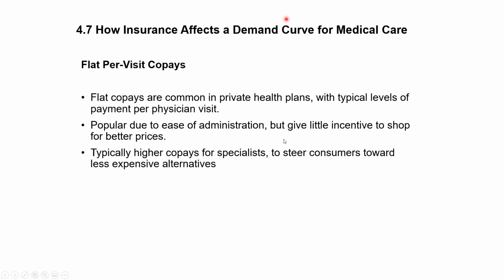So how is health insurance structured so that it will meet the goal of reducing financial risk for people? Health insurance can be structured in several ways, but there are several features that appear in many health insurance policies, and we need to understand how they work and how they affect demand for medical care so that it will provide us with certain insight into many health policy issues.